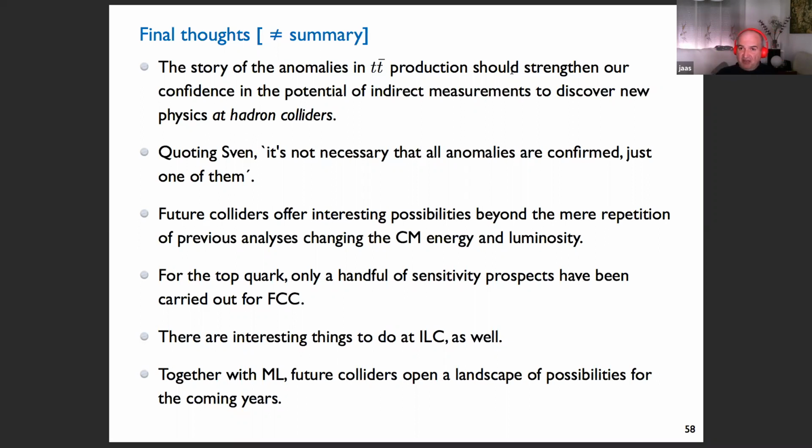There are interesting things also to do at LHC, of course. And you can realize that brand new possibilities for analysis plus machine learning is quite interesting, and there are many possible things to do. And that was all. Thank you.